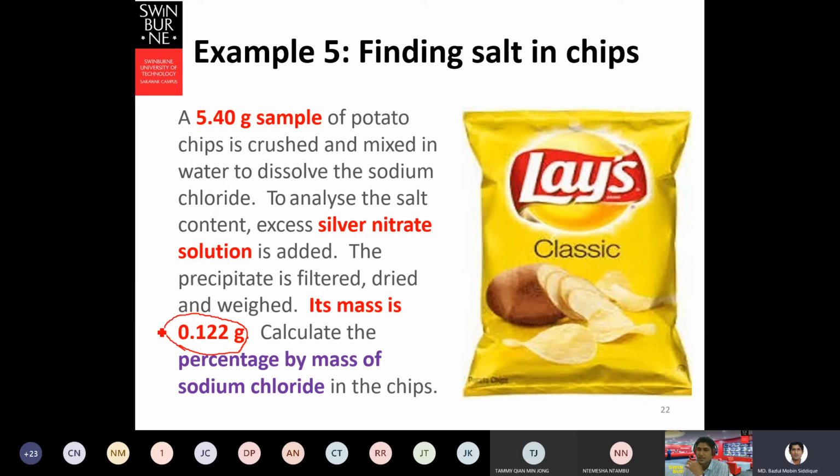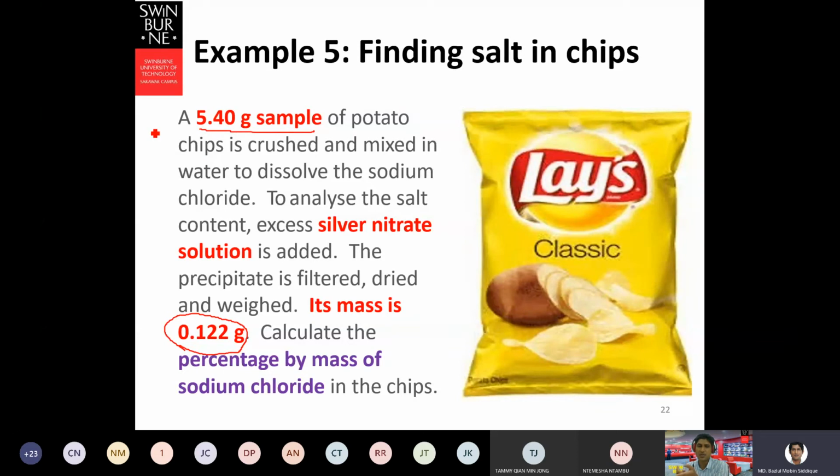After this 5.4 gram of chips, we dissolved it, and then we used the silver nitrate, and from there we found 0.122. So this 5.4 gram is not the sodium chloride, but it is the chips. It has many things inside.